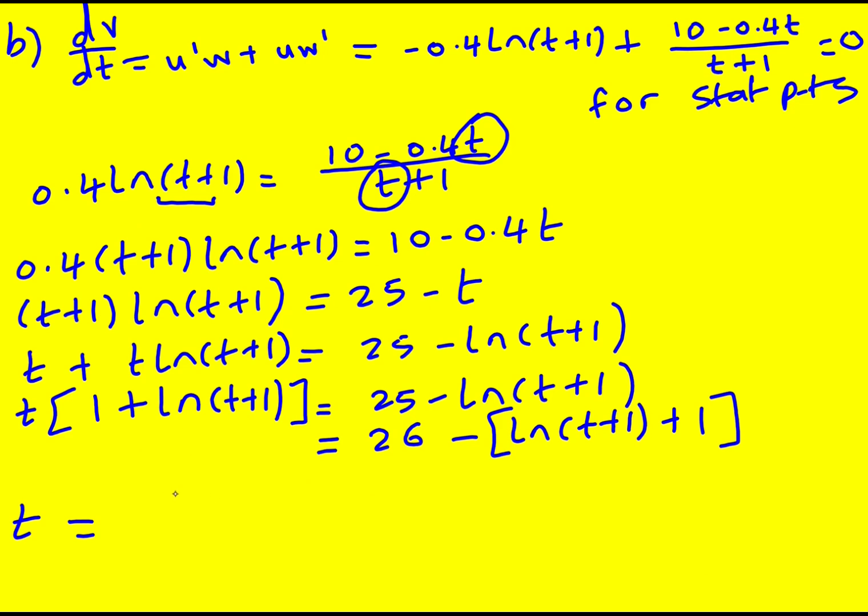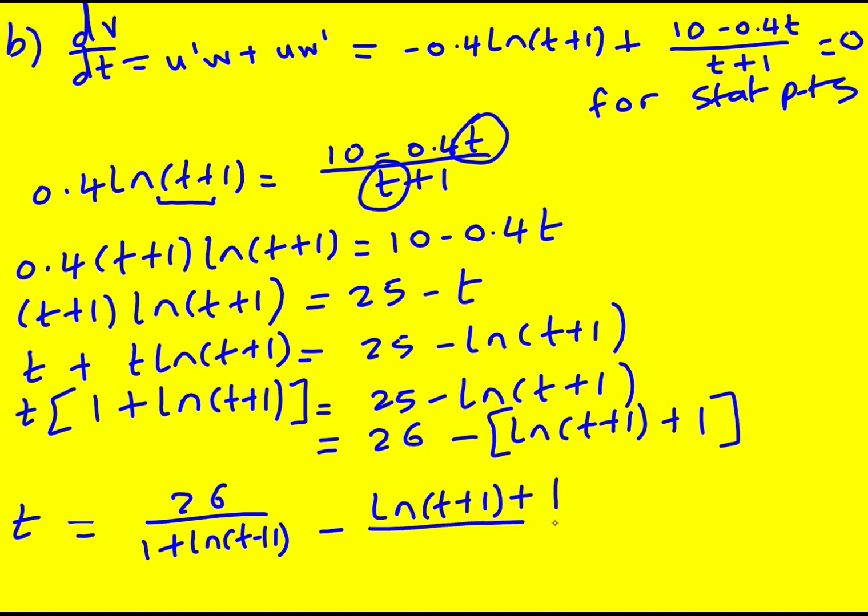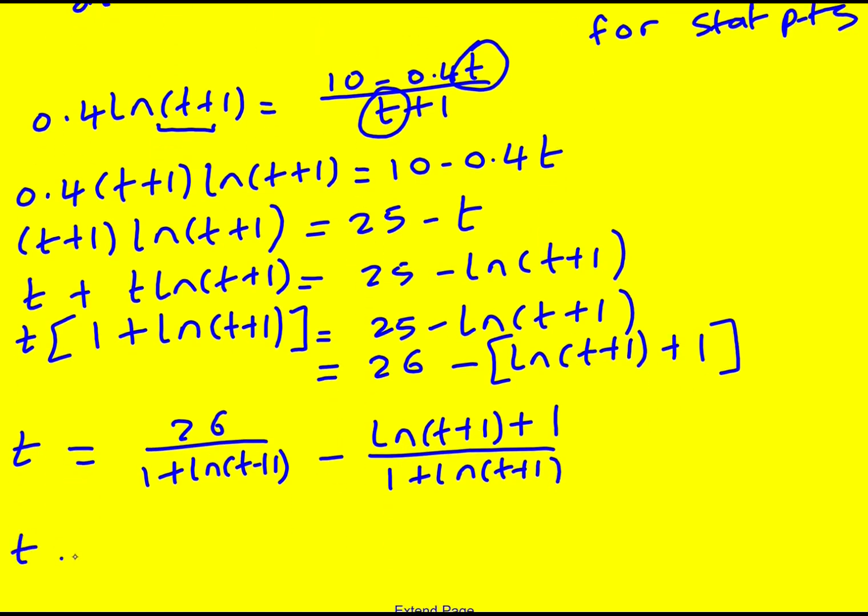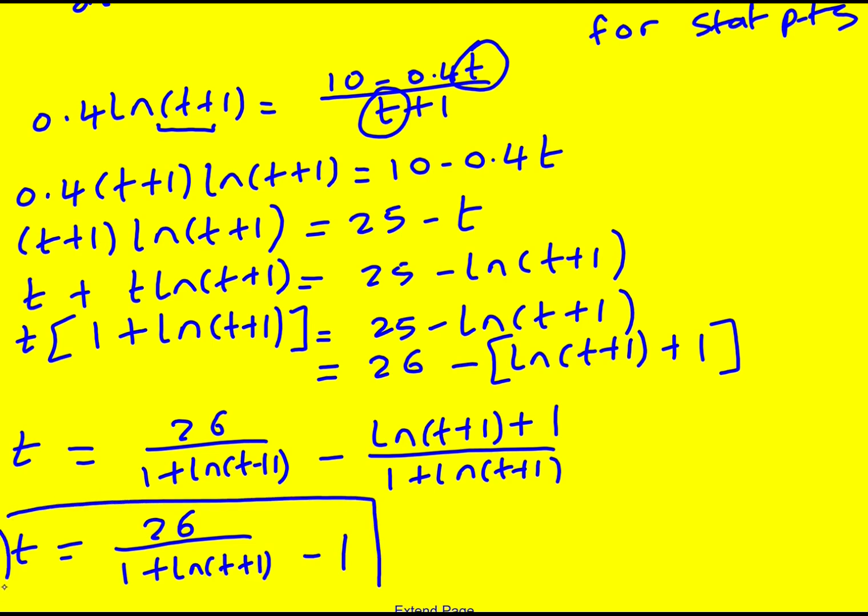So t is going to be 26 over 1 plus ln(t+1) minus (ln(t+1) plus 1) over 1 plus ln(t+1). This is just going to cancel. That's going to give me the answer. Okay, so that's probably the trickiest bit, getting this sorted at the end. But we're there.